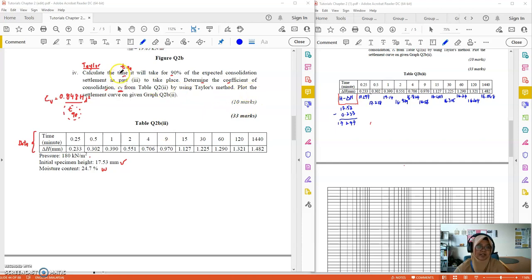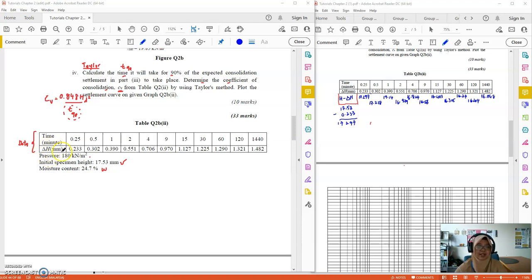To obtain the T90 and the C sub V, we need to plot the settlement curve. This is the data: the time in minutes, delta H in millimeters. Previously I explained that sometimes the data are taken in the form of dial gauge readings without units, but here it means the dial gauge reading is already multiplied by the millimeter units.